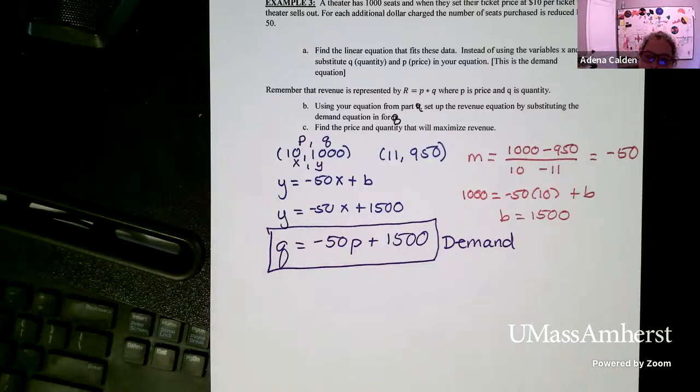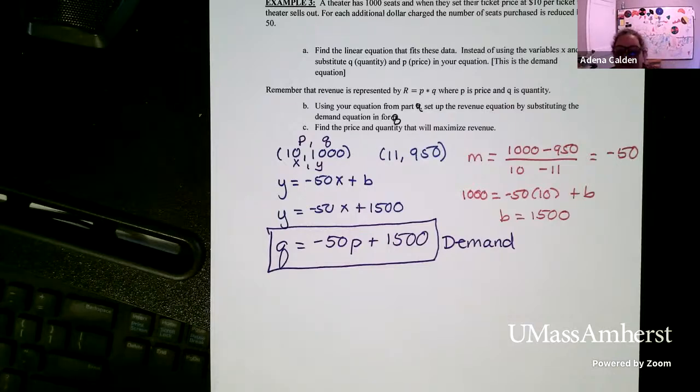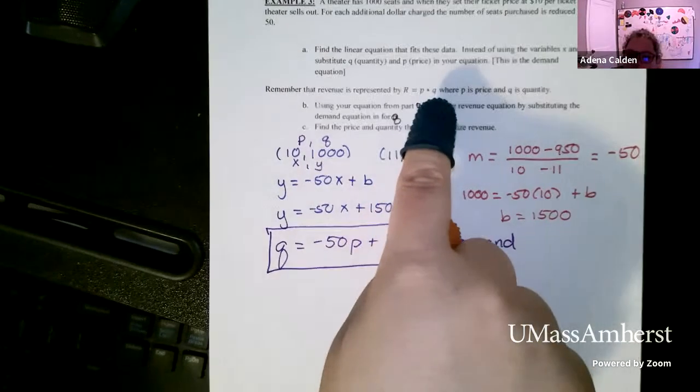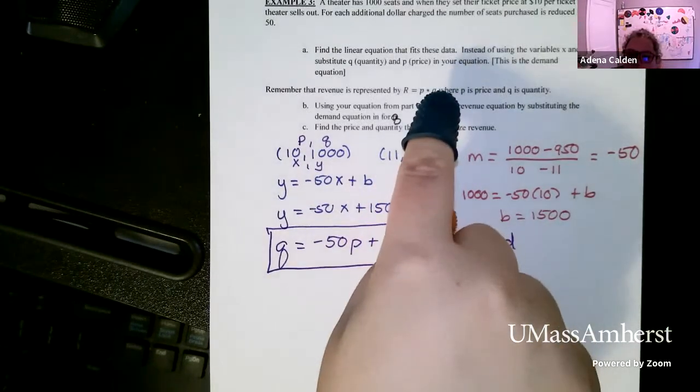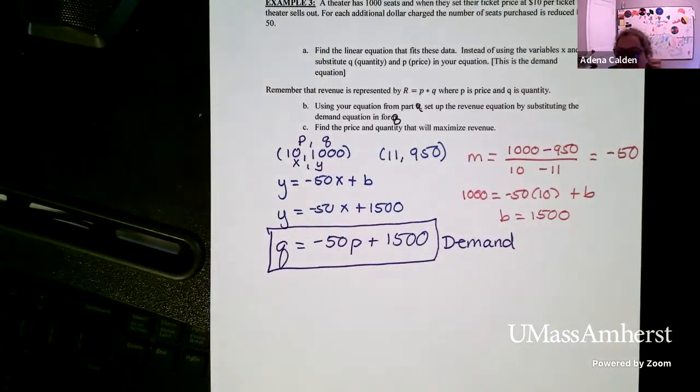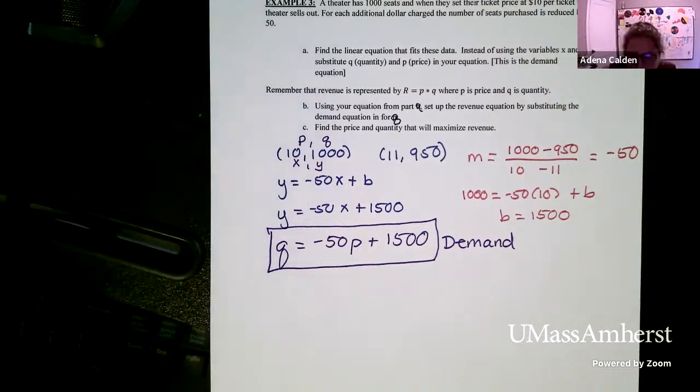I'm going to give you about 3 minutes to try to do parts B and C. So again, you're going to start by setting up your revenue equation, plugging in the demand equation for Q. Then you are going to maximize that equation using derivatives and techniques that we've been practicing in chapter 4.